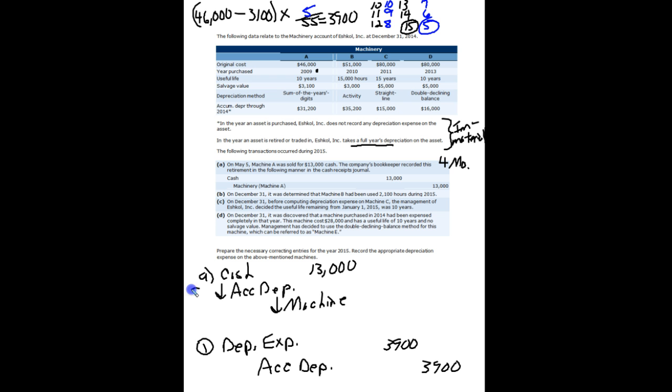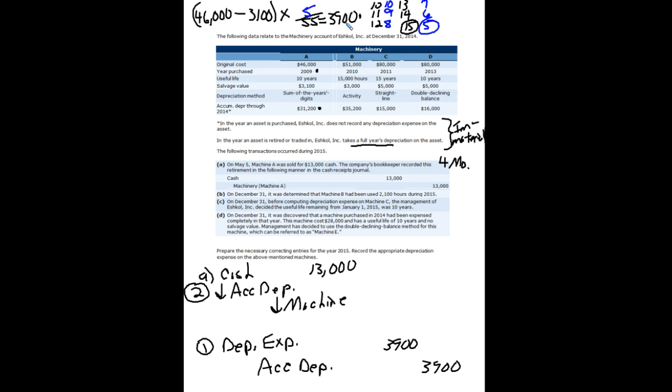Okay, then step 2, after they record depreciation expense, now they can come in and record the sale. So let's go in and see what we should do. Cash debited $13,000. Accumulated depreciation. Well, let's see. They had a balance in accumulated depreciation of $31,200, and we're going to add $3,900 to that.